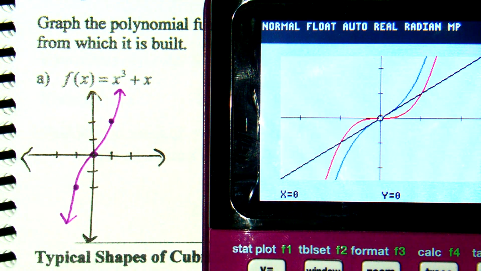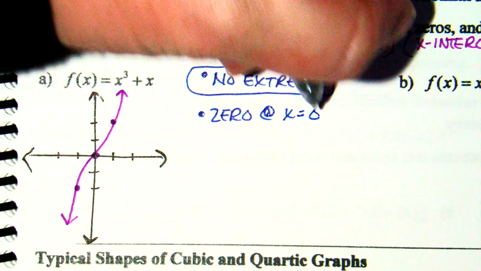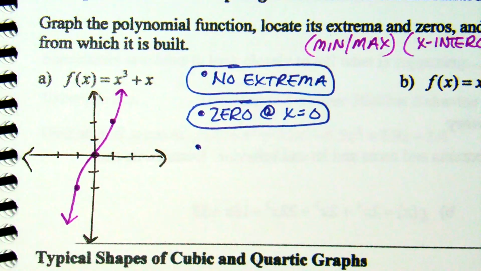So I'm going to say there's a 0 at x equals 0. And the other thing is explain how it's related to the monomials from which it's built. And so this is where I'm going to talk about how overall the shape is very much like y equals x cubed. And at the origin, it takes the shape of y equals x.